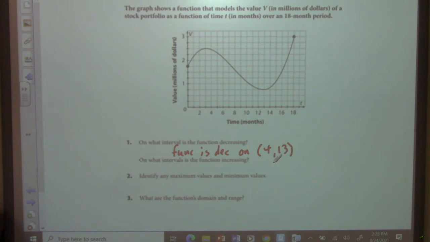Another helpful person in 6th period, Balin, said you could write this in inequality notation as 4 is less than t is less than 13.